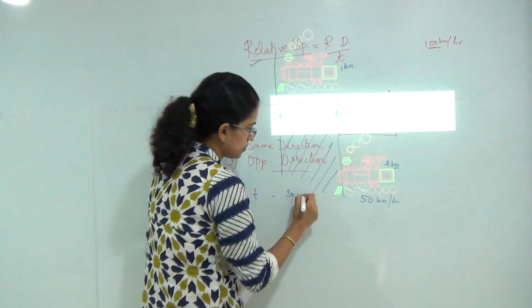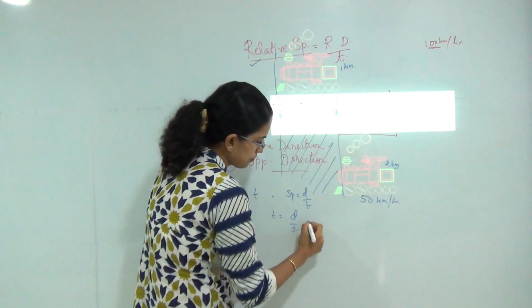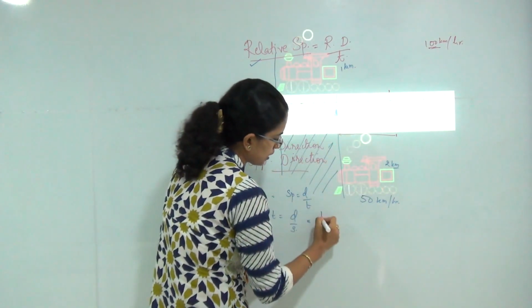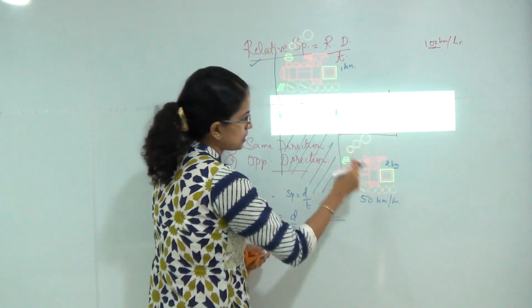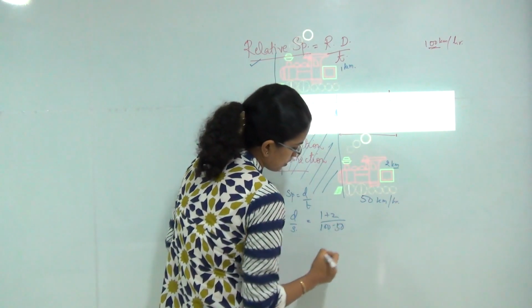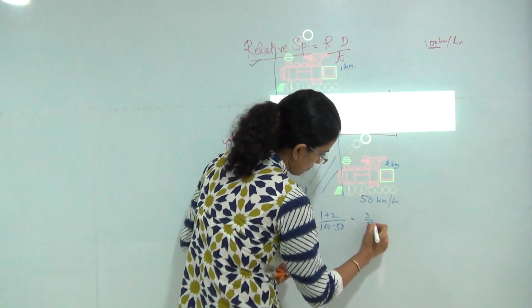Speed is equal to distance upon time, so time is equal to distance by speed. The distance would be the length of the two trains, that's 1 plus 2, and the speed would be the difference in the speeds, that's 100 minus 50. So that would be 3 by 50.